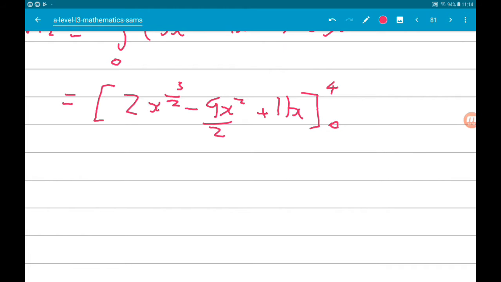Okay, so now if we plonk in our limits. So 4 to the power 5 halves is 2 to the power 5, which is 32. Times, and then we've got the 2 on the outside, so that's 64. Minus 9x squared over 2, so 4 squared is 16. If we divide that by 2, that's 8. Times it by 9, 72. And then add 44.